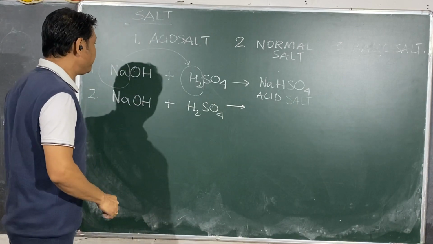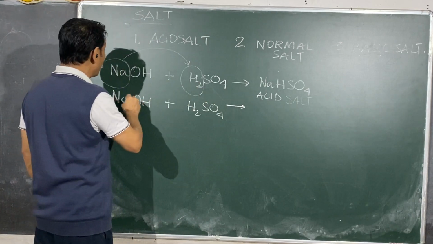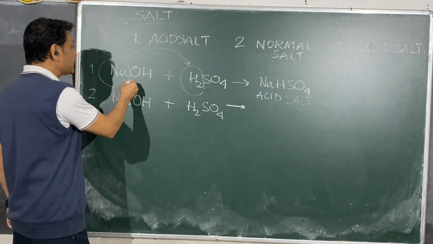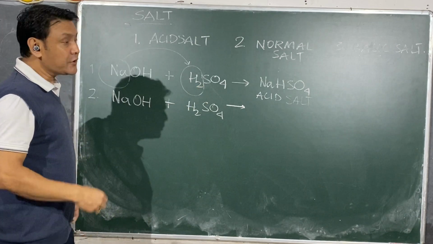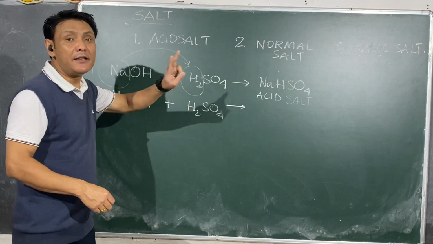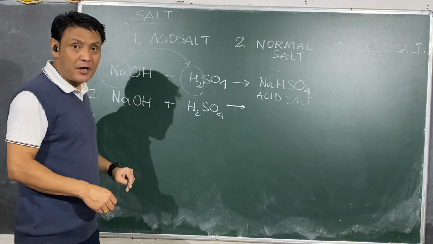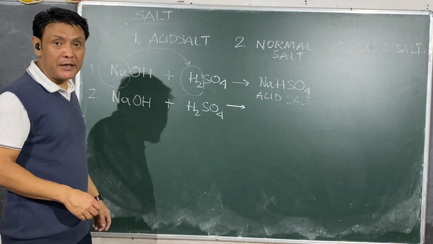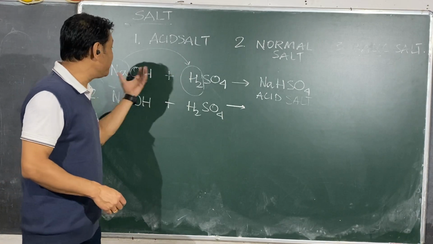Let me tell you again. But in this case, number one, the amount of sulfuric acid is more than the base sodium hydroxide. So therefore, in one molecule of sulfuric acid, there are two atoms of hydrogen. Only one atom of hydrogen will be replaced by the metal sodium in this case, because the amount of base is less.